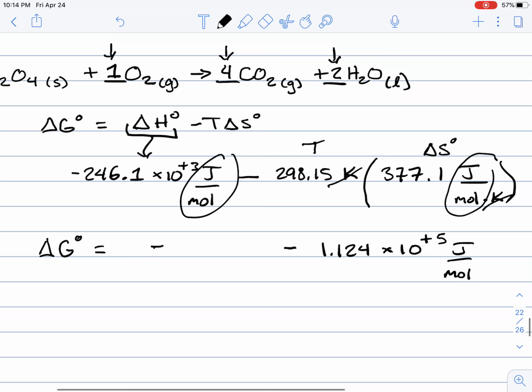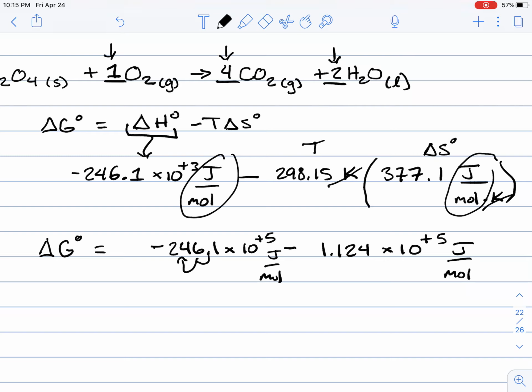And if I were to bring this down, this is going to be 246.1 times 10 to the positive 3 joules per mole. And so just to make it clear, if I move this decimal place 2 places to the left, this value is going to become times 10 to the positive 5.